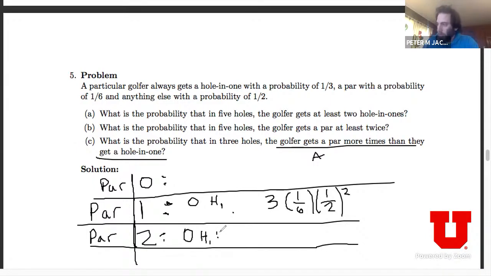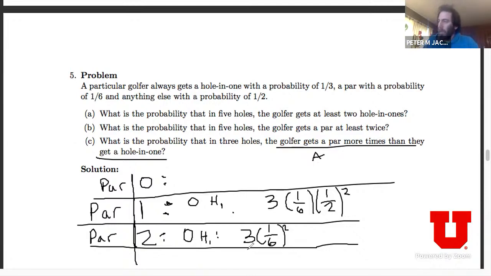If there are 0 holes in one and there are 2 pars, there we have to select the 2 slots where they got the par, which is 3 choose 2. And then you have now 1/6 squared to indicate the probability of getting par in those 2 holes.